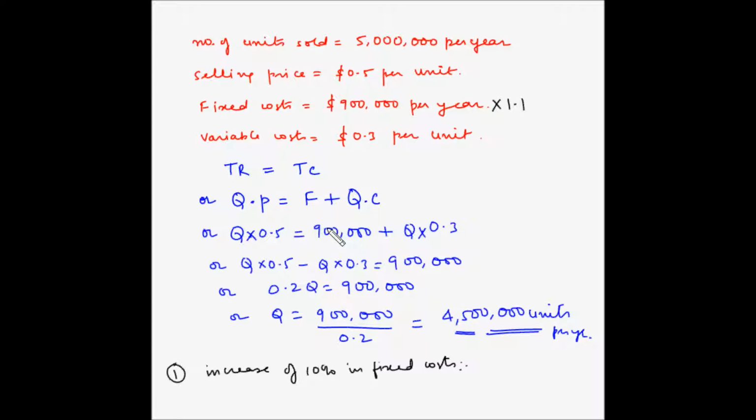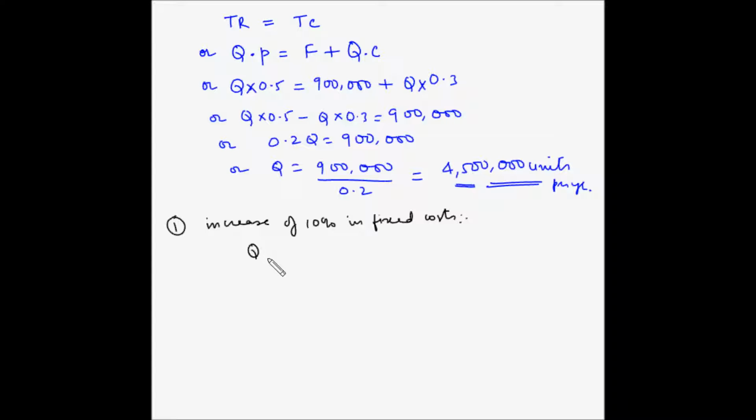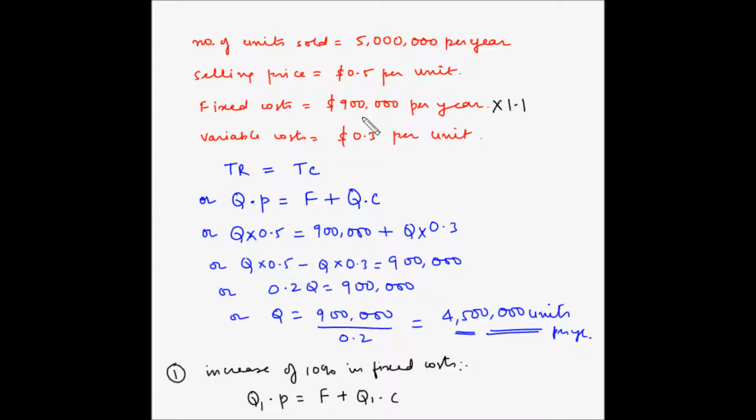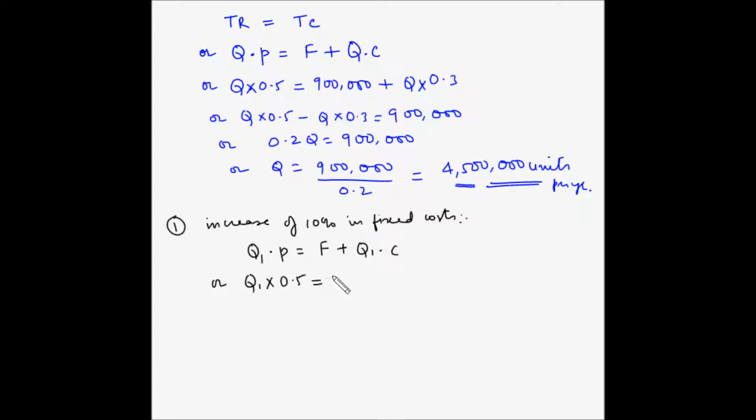So for break-even, the formula remains the same, which is Q, and in this case we'll put as Q1, multiplied by P is equal to F plus Q1 multiplied by C. So Q1 is the new break-even point multiplied by P, which is 0.5, is equal to F, which is now 900,000 multiplied by 1.1 plus Q1 multiplied by C, which is 0.3.